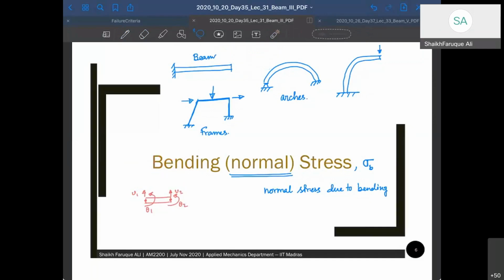Okay, this is a beam member. Now if you have a frame member, its degrees of freedom are these.